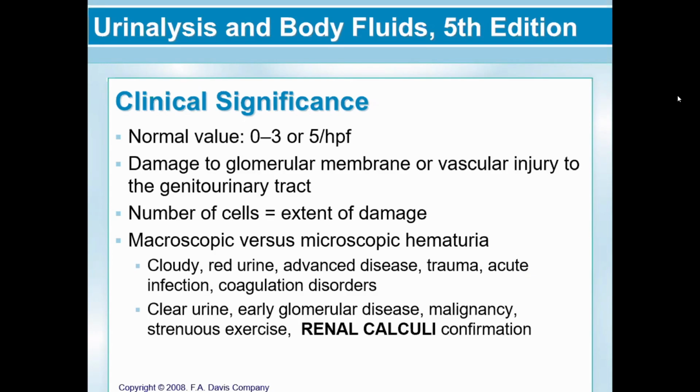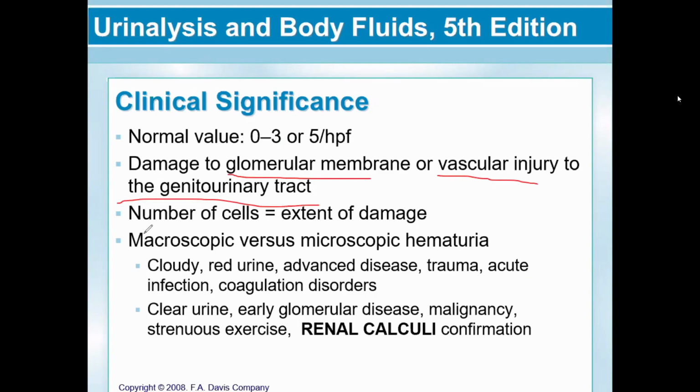But, for example, in patients with glomerular membrane damage, or in patients with vascular injury due to, for example, genitourinary tract infection or UTI, pwedeng magkaroon tayo ng more than this number, and that we can consider significant.